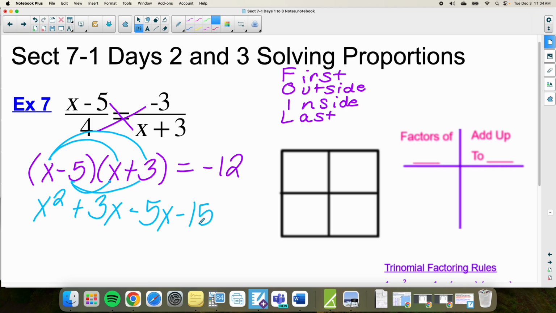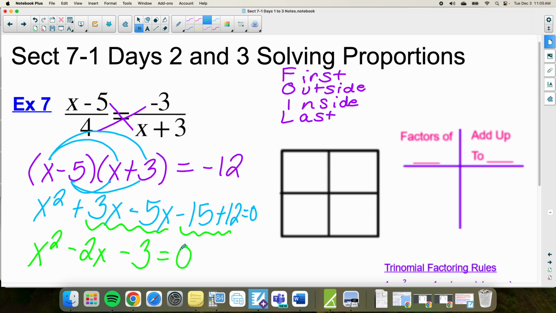And then to save a step, you can bring that negative 12 over and change its sign, and that would equal 0. Okay? Now we're going to combine like terms, so we'd get x squared, 3x minus 5x is negative 2x. Negative 15 plus 12 is negative 3, and that equals 0.